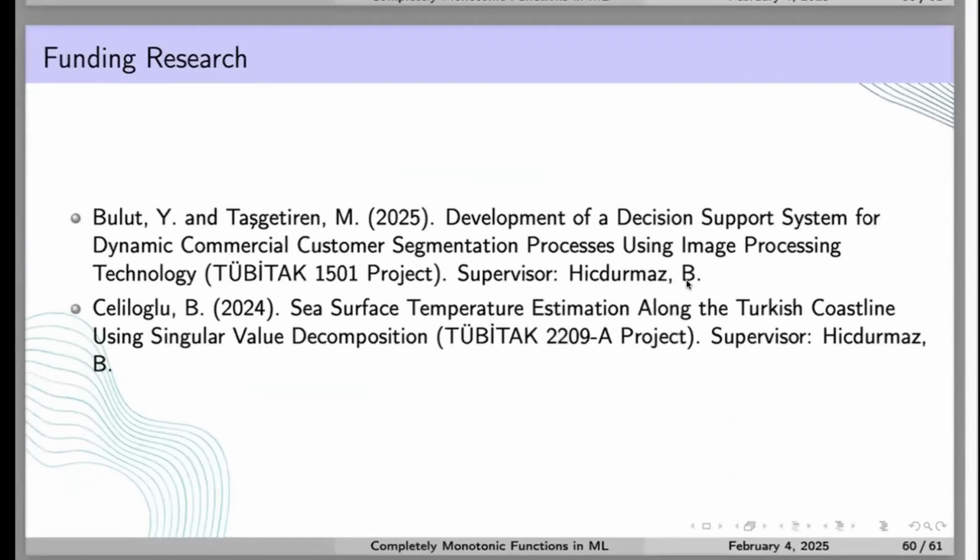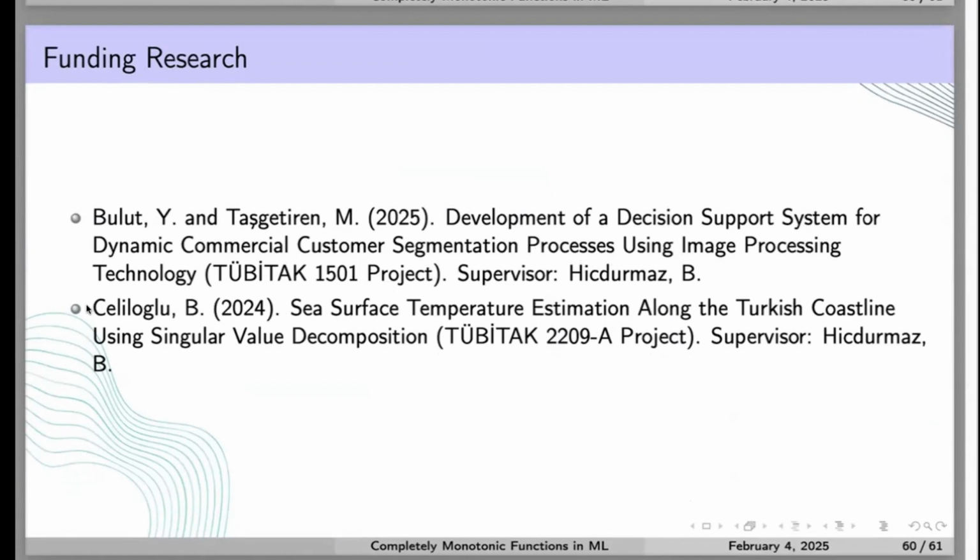And there is the funded research part. Application of such kernel functions on real data sets was an interesting topic. Here, Yasin Bulut and Mehmet Taşgetiren are the managers of this TÜBİTAK project, and I am the supervisor for the mathematical part of this decision support system.